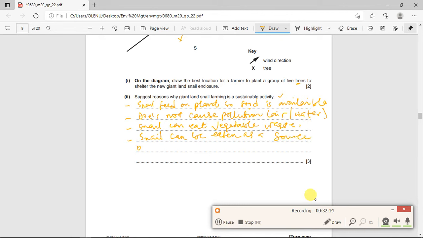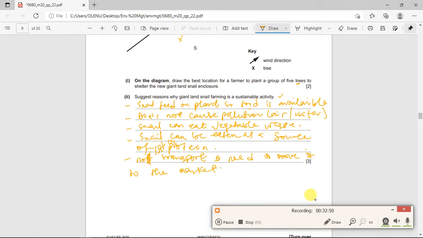And also, no transport is needed, or low transport, or little transport, is needed to move it to the market.